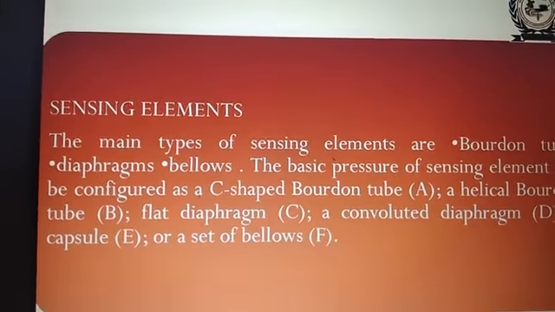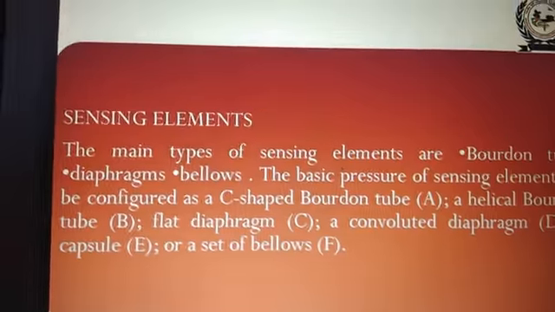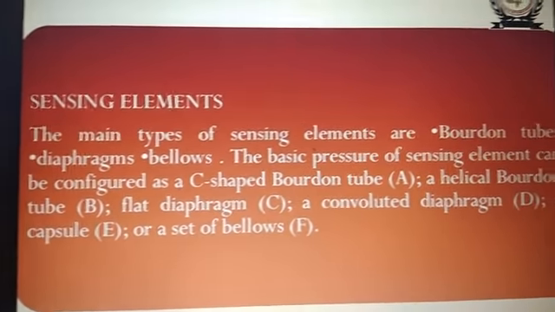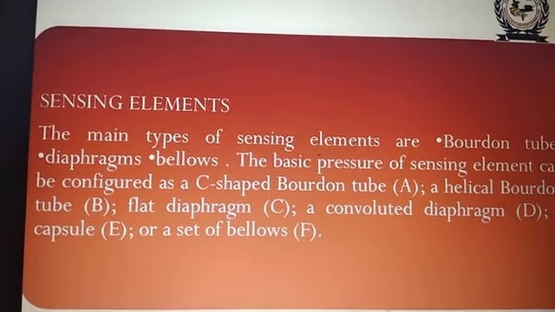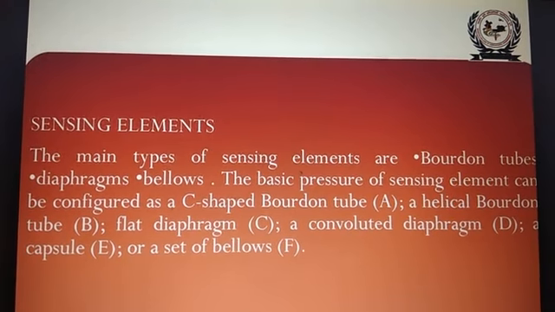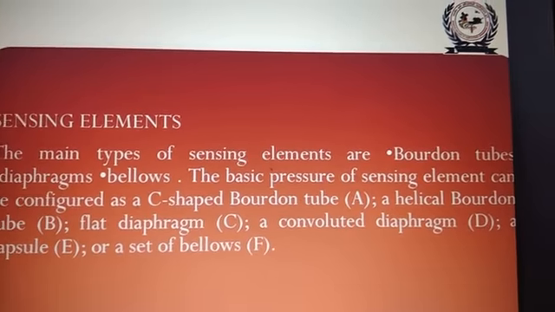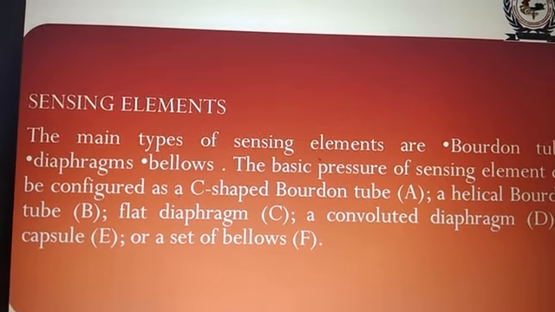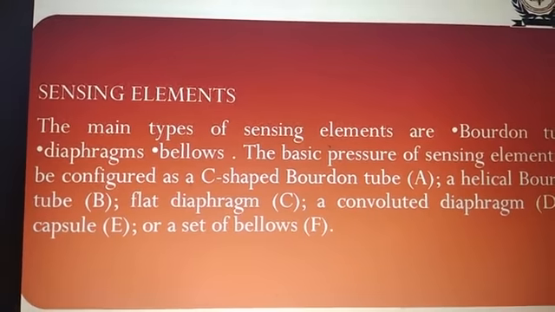What are the sensing elements? Rather than the manometer, the main types of sensing elements are Bourdon tubes, diaphragms, and bellows. The basic pressure sensing element can be configured as a C-shaped Bourdon tube. Later on we will see in the next slide.